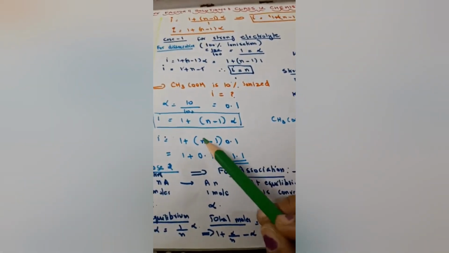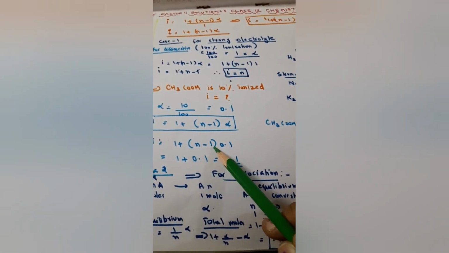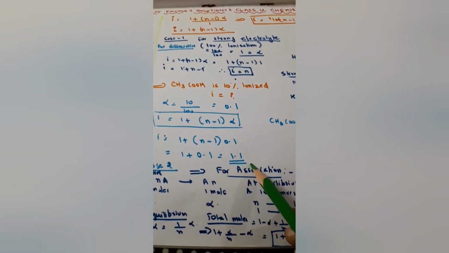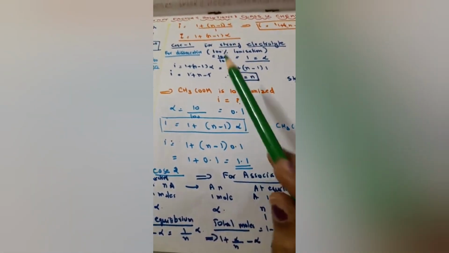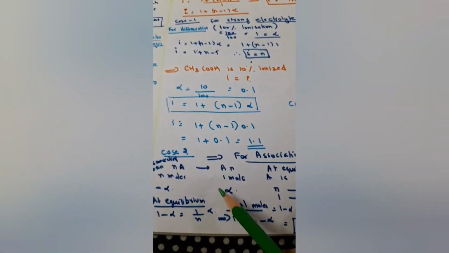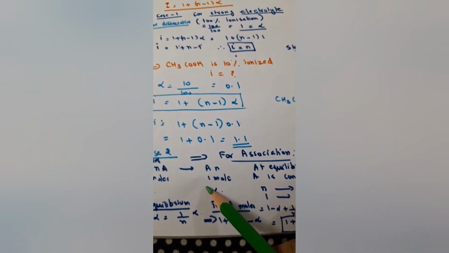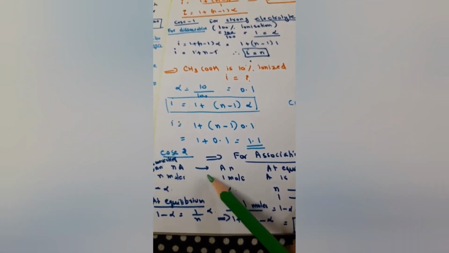So 1 plus (2 minus 1), that is 1, into 0.1 is 0.1, you get 1.1. So that is the solution for this. Easy, isn't it? If you know the Vant Hoff factor and the degree of dissociation relation, you can easily work this out.